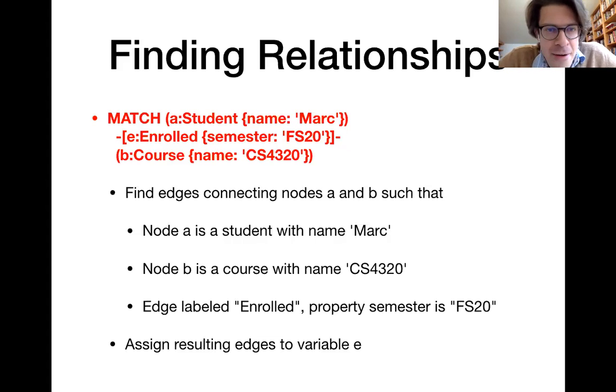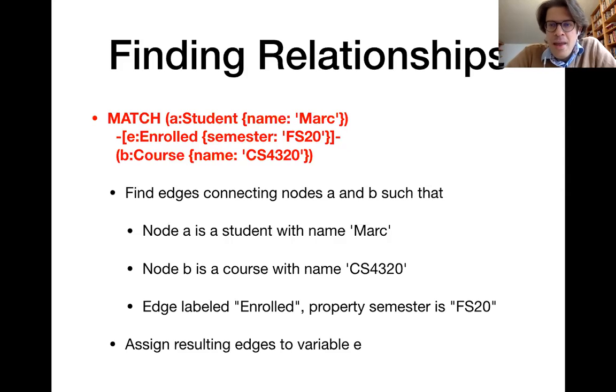All right, so the next thing that I will discuss here is how we can update relationships and edges. And the first thing we need to do is to find the relationships that we are interested in. And I can also do this with the match expressions.